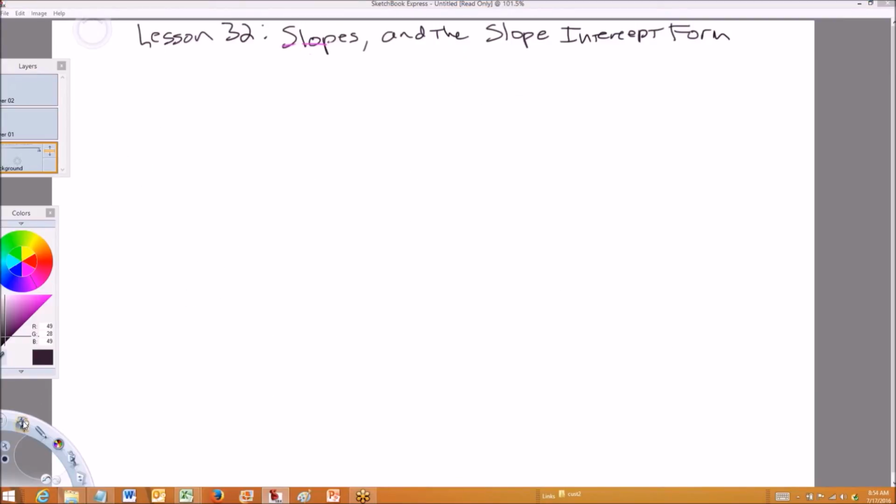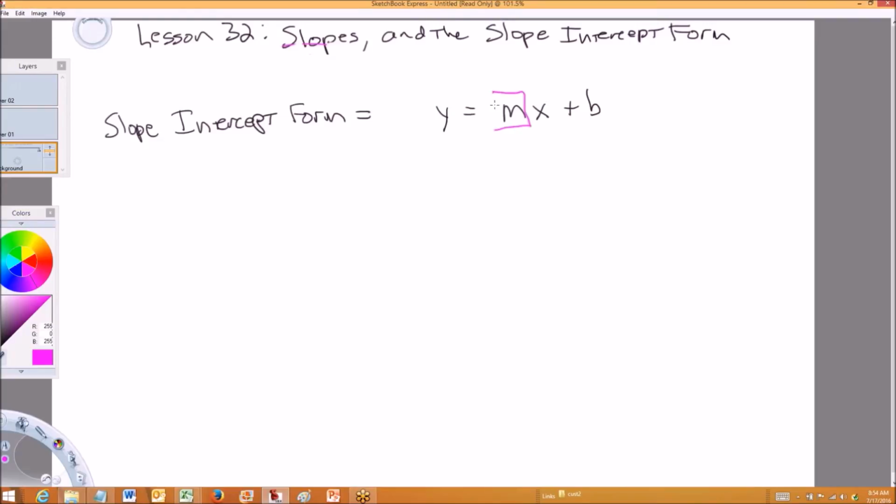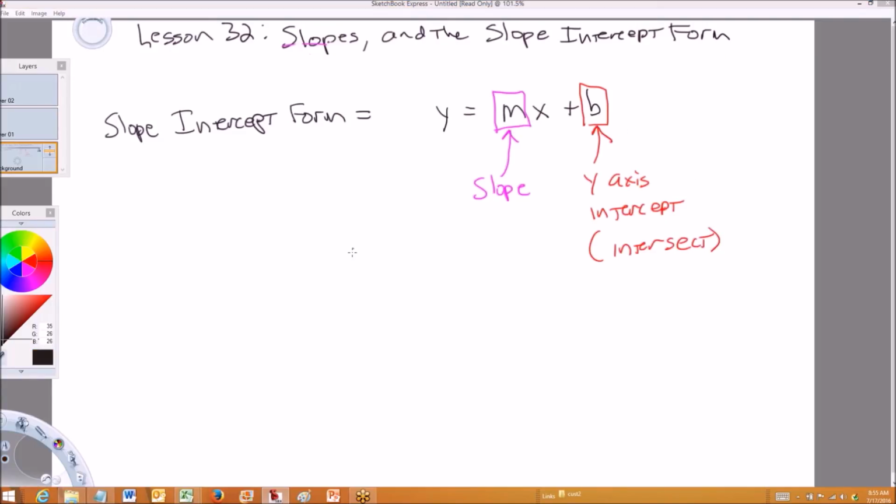In closing on this lesson, I'll just point this out one more time. It is possible to draw your graph just using these two known concepts.